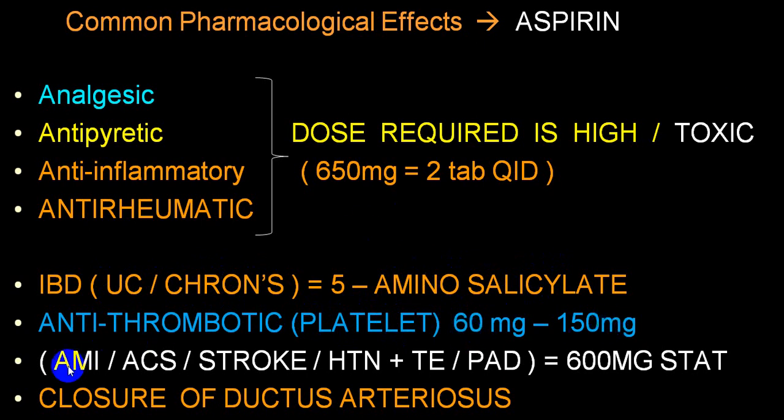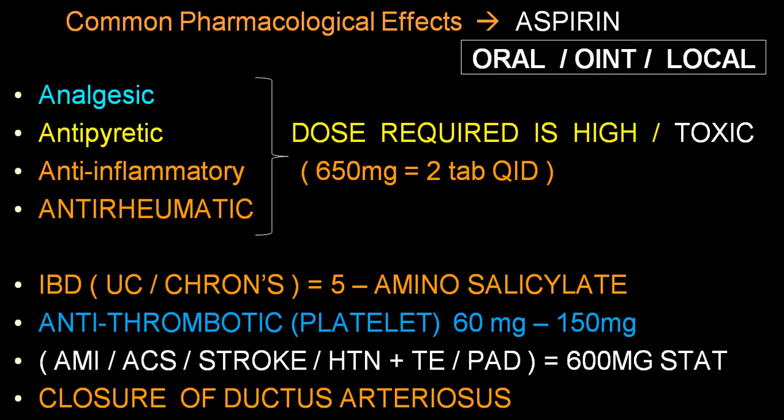Only in case of acute MI, acute coronary syndrome, stroke, hypertension with thromboembolic phenomena, peripheral arterial disease, TIA, you might have to give 600 milligram stat followed by a lower dose, that is 150 milligram BID or 75 milligram BID. And it is a very good drug for closure of ductus arteriosus in a person with patent ductus arteriosus. So this is regarding aspirin.